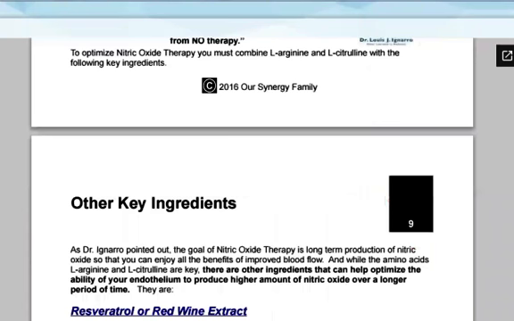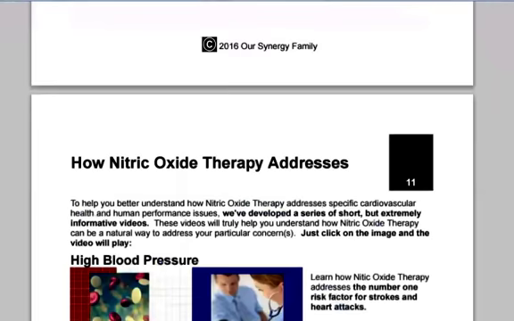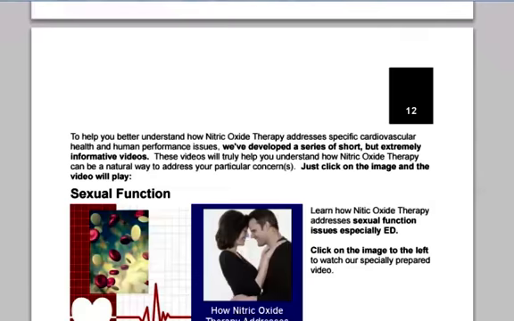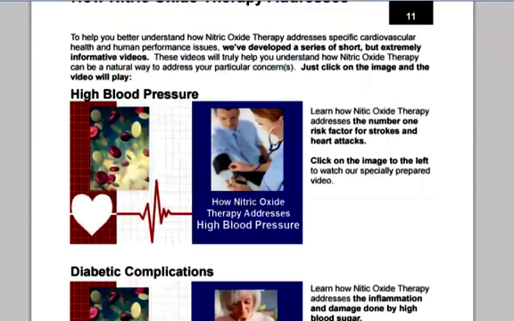Let me get to the right page here. Go to page number 11 and click on the video for high blood pressure and make sure you watch that video, because you'll understand how nitric oxide therapy can naturally address your high blood pressure.